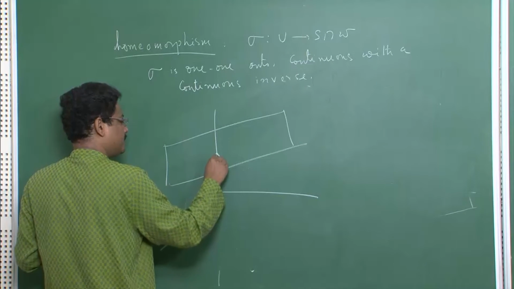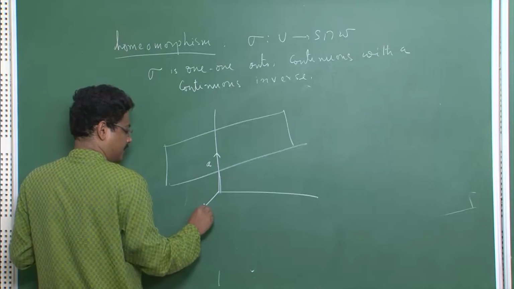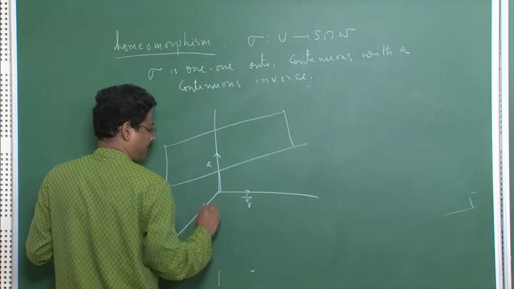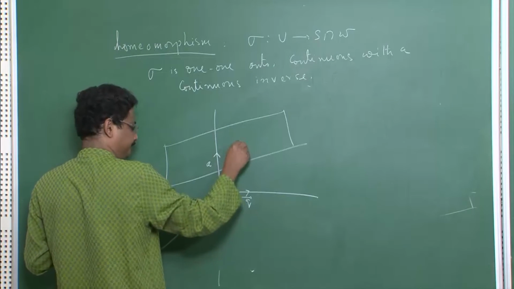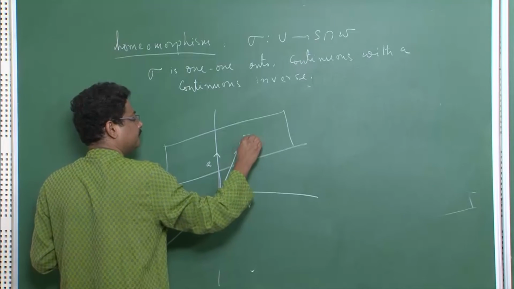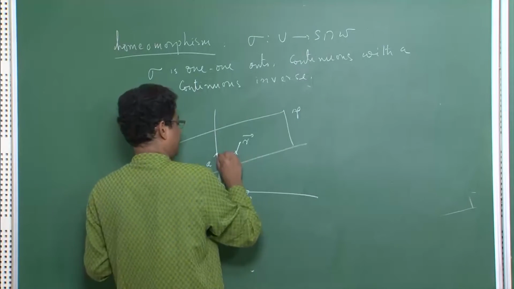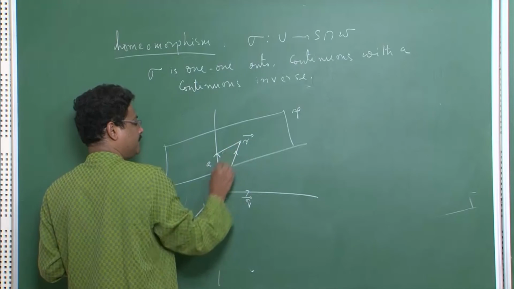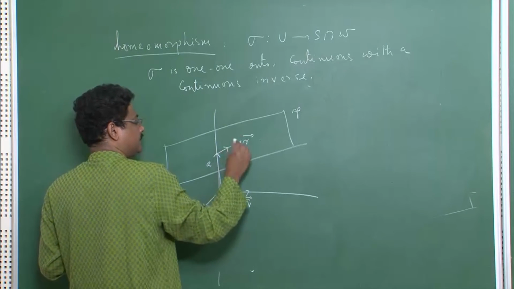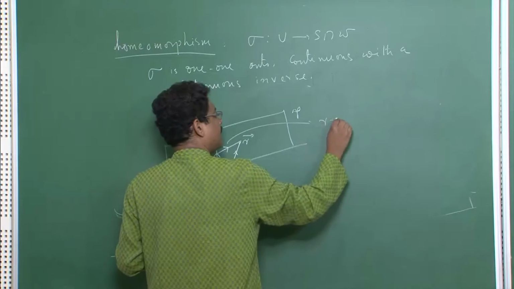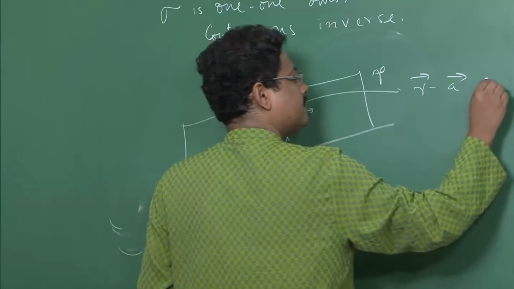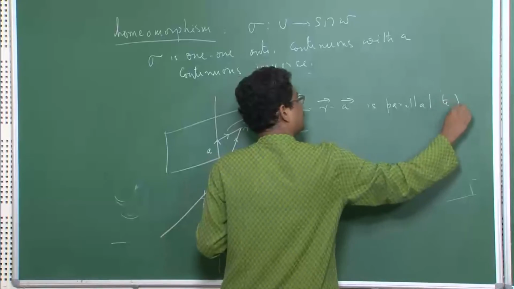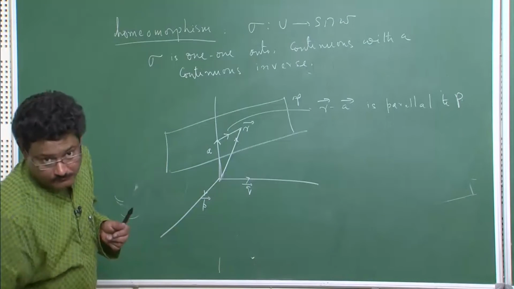If I draw it clearly here, I have taken this vector to be A, this is my P, this is my Q, and I take any vector R on the plane P. Then R minus A, this is R, so this is R minus A, is parallel to the plane, correct.